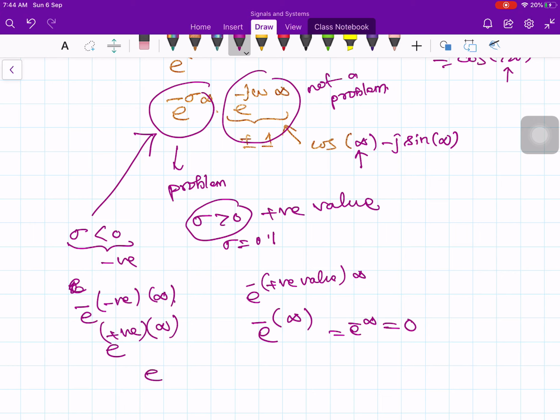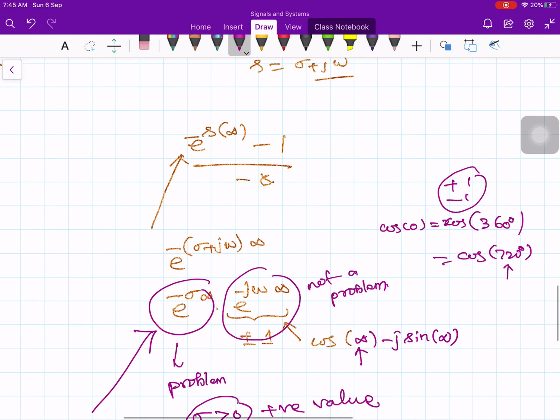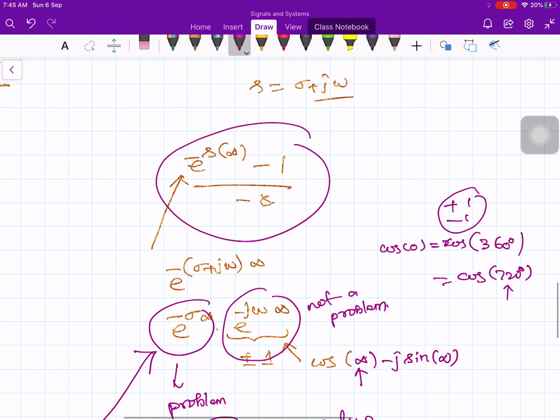So e to the plus infinity is equal to infinity, so it will not converge. Therefore, in order to converge this relation to a finite value, what is the condition? Sigma should be positive, greater than 0. Sigma greater than 0 means your real part of s must be greater than 0. That's what we are trying to say here.